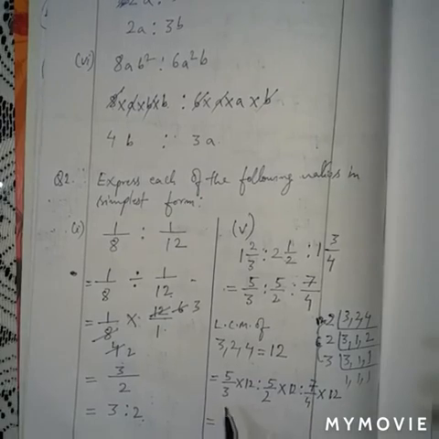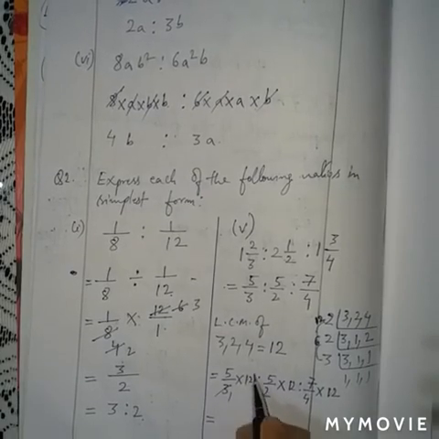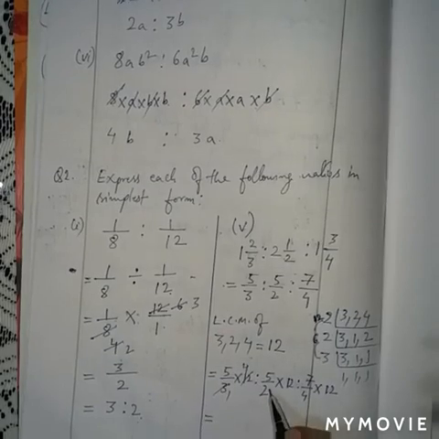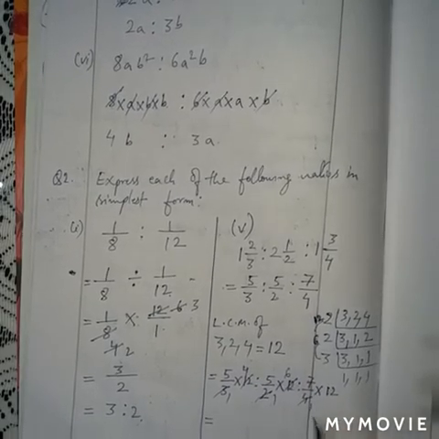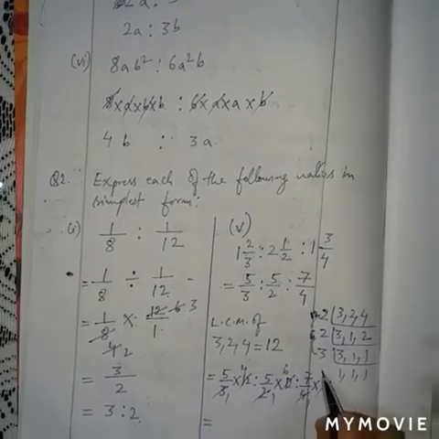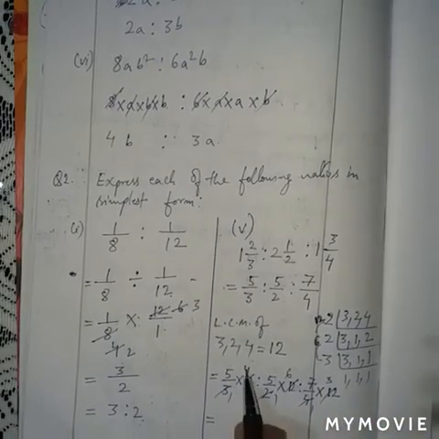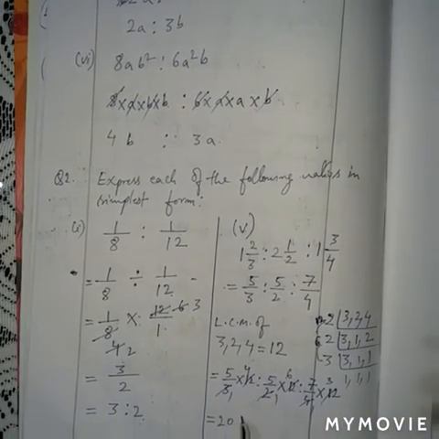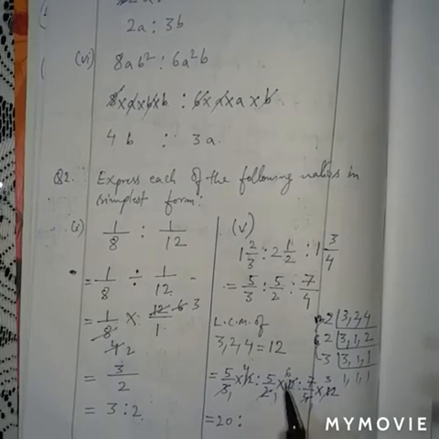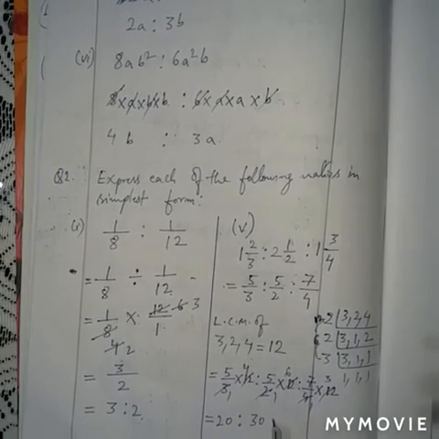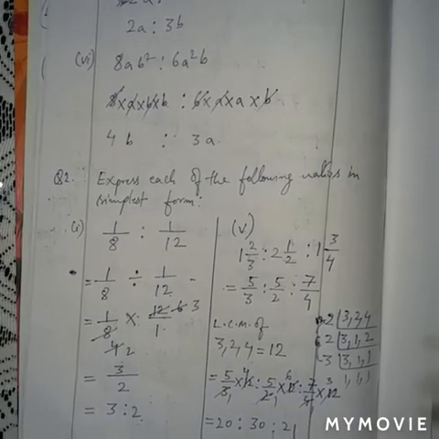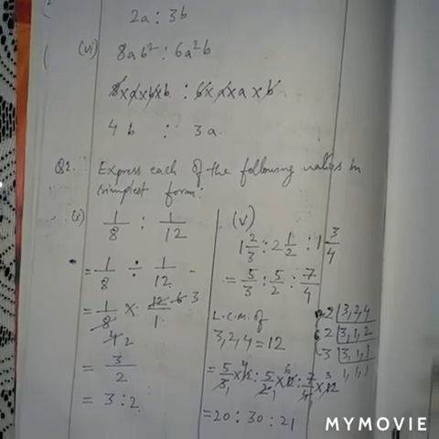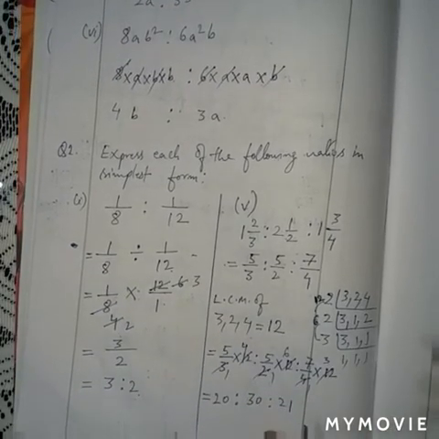Now here 3 1s are 3, 3 4s are 12, 2 1s are 2, 2 6s are 12, 4 1s are 4, 4 3s are 12. Now 5 4s are 20 is to 5 6s are 30 and 7 3s are 21. So this one is the simplest form of question number 5.